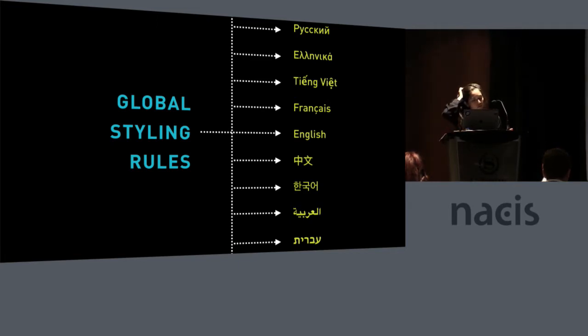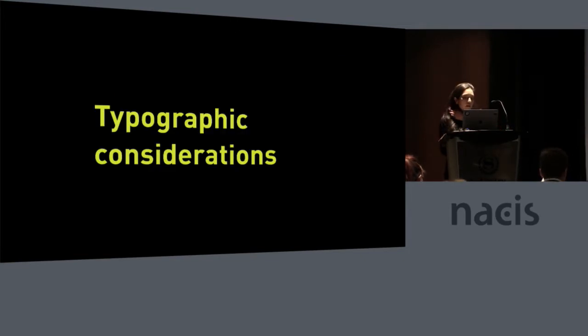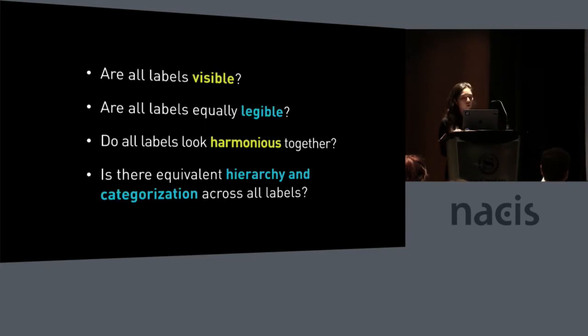Our goal is to redesign the map from the ground up with consideration for multiple languages, and not just to adapt our English map. There are 4 general questions that we've been thinking about with typography: whether the labels are visible, are they all equally legible, do they look harmonious together, and is there equivalent hierarchy and categorization across all labels?